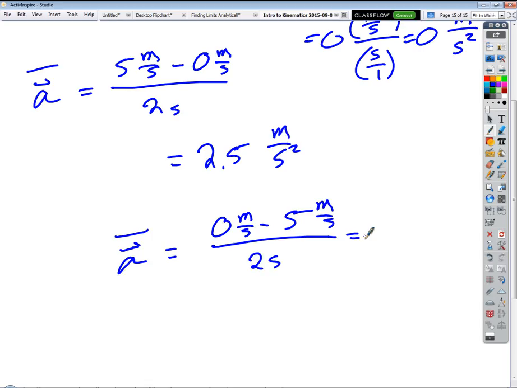Well, that's negative 2.5. Why is it negative? Okay, because I changed my velocity. Hold that thought. That's what we'll pick up tomorrow. Is that making sense? Okay.